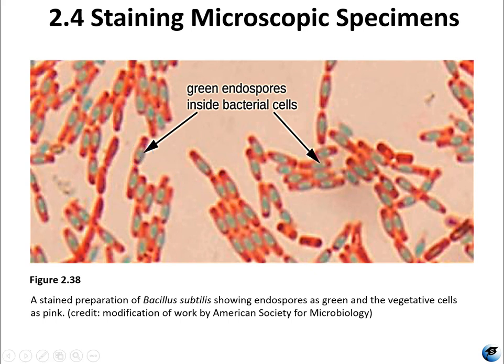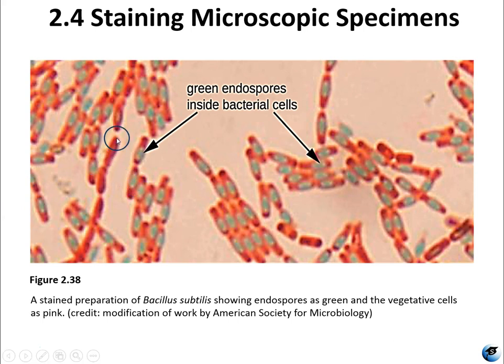If the cells contain endospores and they get enough heat, because the mordant in the endospore stain is heat, then the malachite green will be driven into the endospores and it'll be stuck there once the heat is removed. And then you do the counterstain with a basic dye known as carbolfuchsin, which is pink.